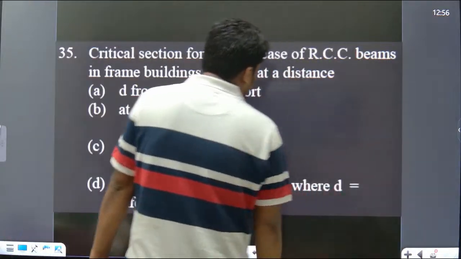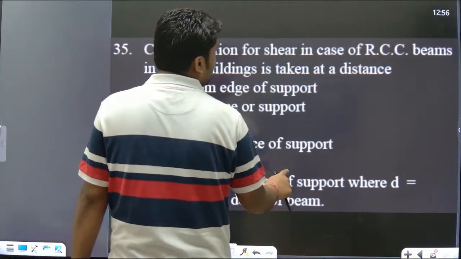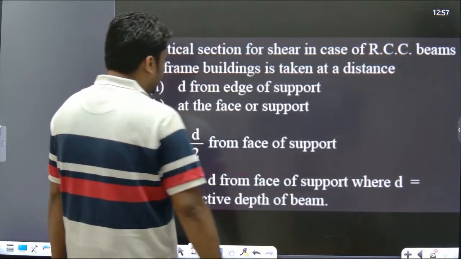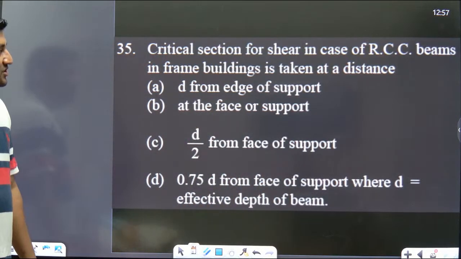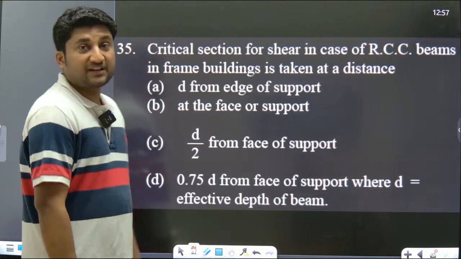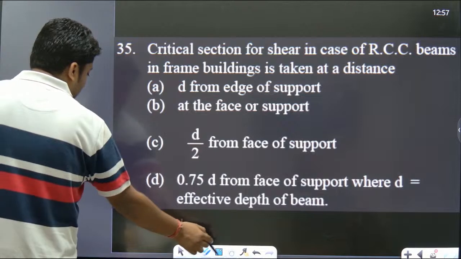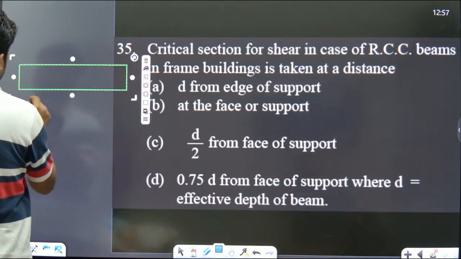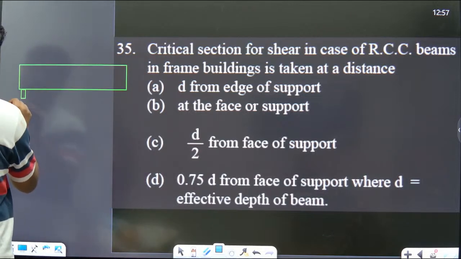Now moving ahead. The last question for today's class. 35th question. Answer it. Critical section for shear in case of RCC beam in frame building is taken at a distance. Now, as per IS code, what is the critical section for shear?